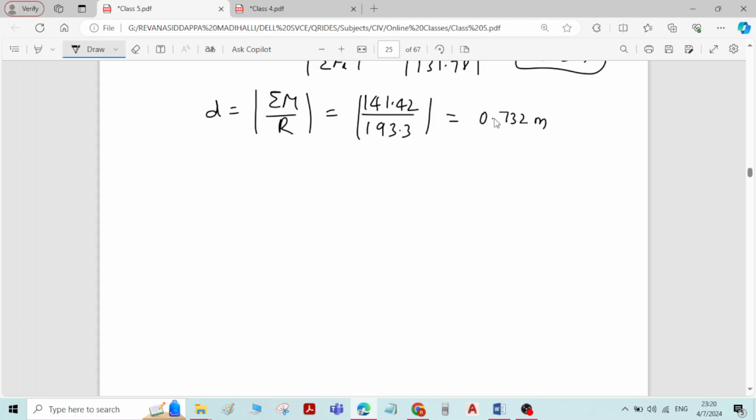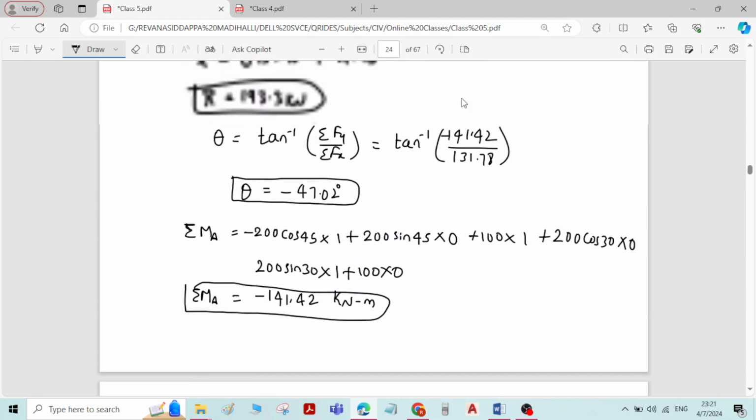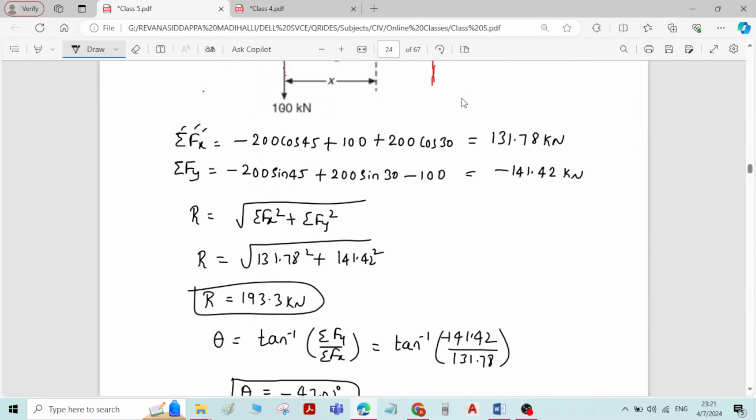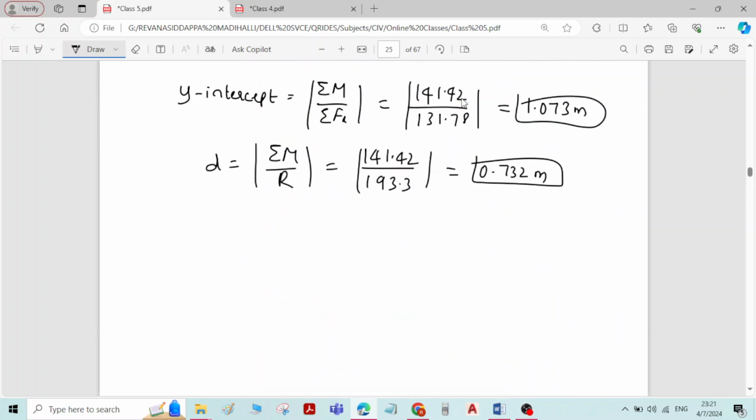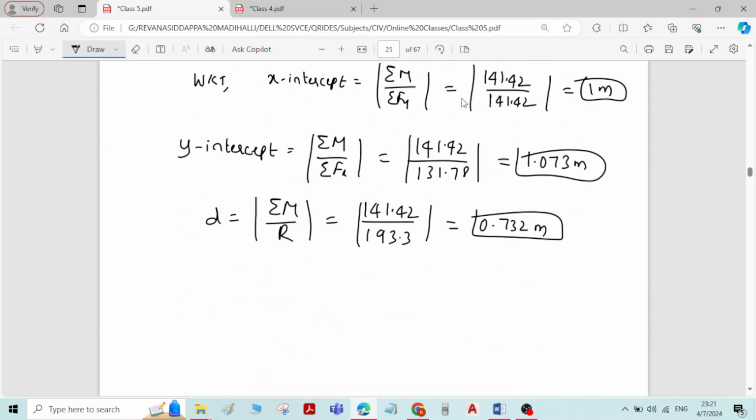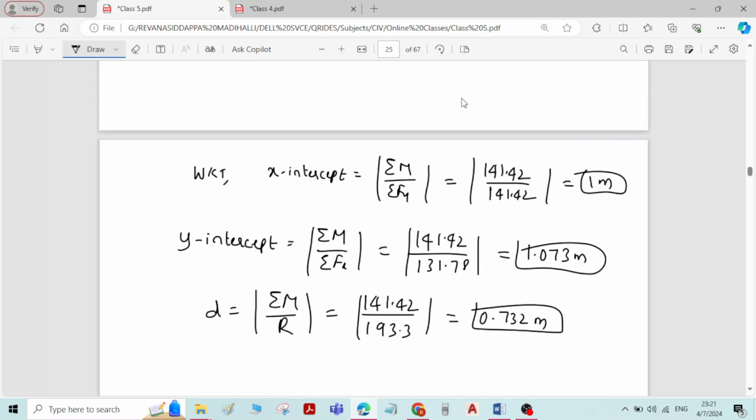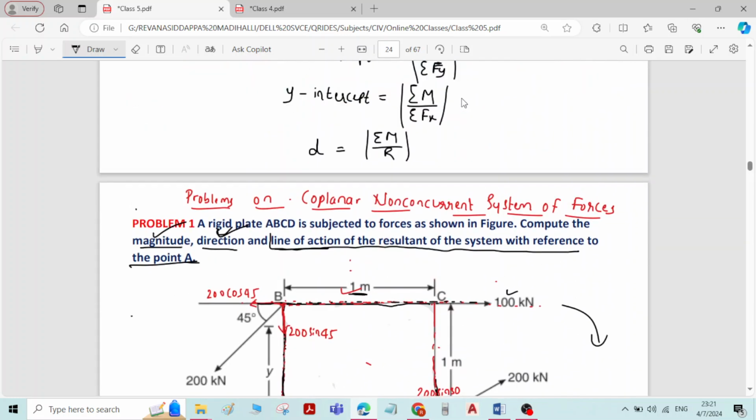So finding the position of the resultant force is also over, and we are done with the solution of the full problem. We have completed the full solution.